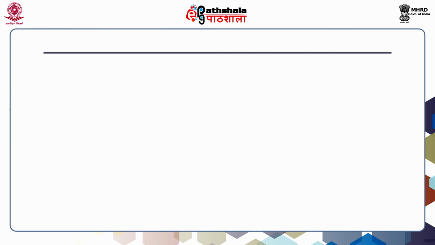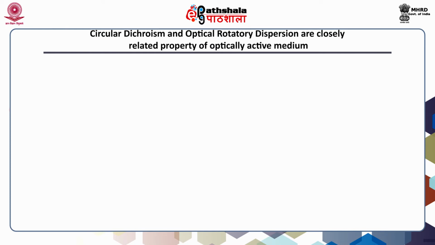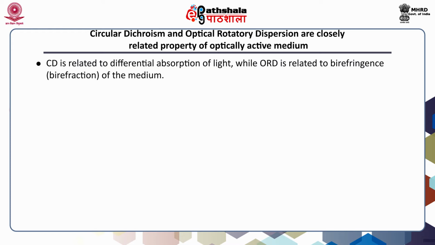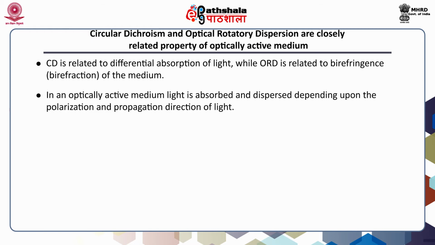As I mentioned earlier, circular dichroism and optical rotatory dispersion are closely related properties of an optically active medium. CD is related to differential absorption of light, while ORD is related to birefringence, that is, the birefraction of the medium. In an optically active medium, light is absorbed and dispersed depending upon the polarization and propagation direction of the light.